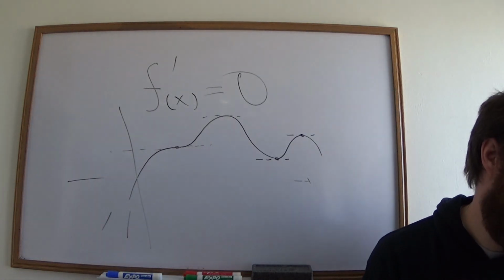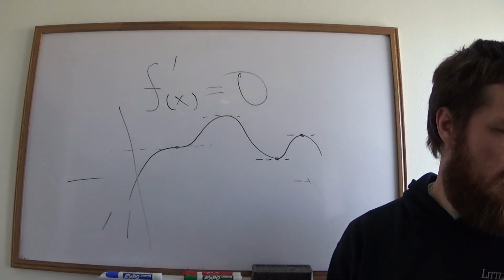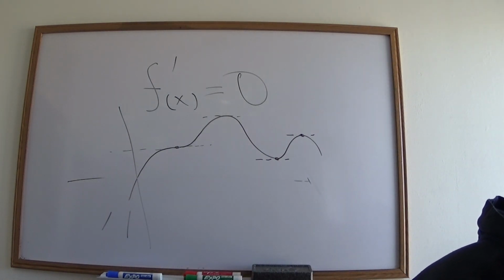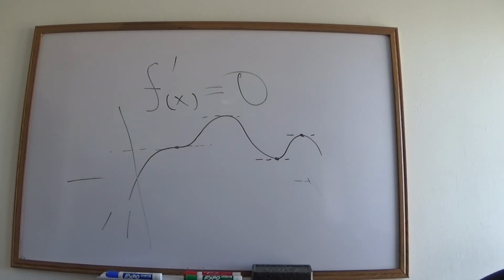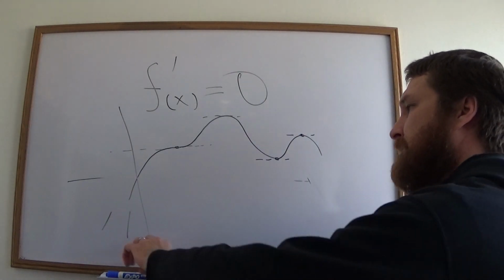I put inflection point, it should be saddle point. It changes concavity there, right? Hold on, let me fix that. It's called a saddle point. I don't care, but you better be able to tell me what it is.